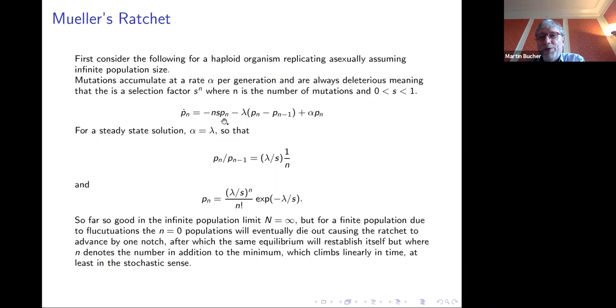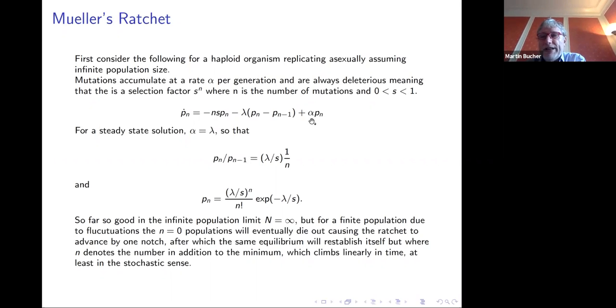So you remove something from the population with n mutations when it gets one more, but then the population with one less sort of flows into your n mutation bin, with the same rate.